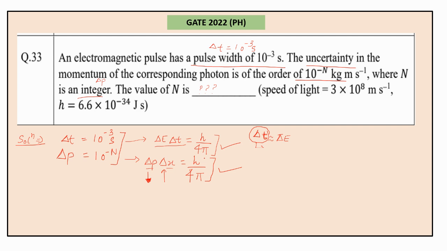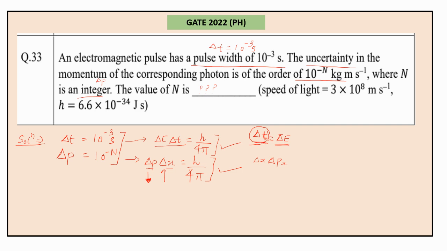So I'll again repeat: delta x and delta p is the famous Heisenberg uncertainty principle for position and momentum. There is one more Heisenberg uncertainty principle for energy and time. It says that for a time interval delta t, it is not possible to precisely measure the energy of a state. If you want to precisely measure the energy, you need to increase the time.